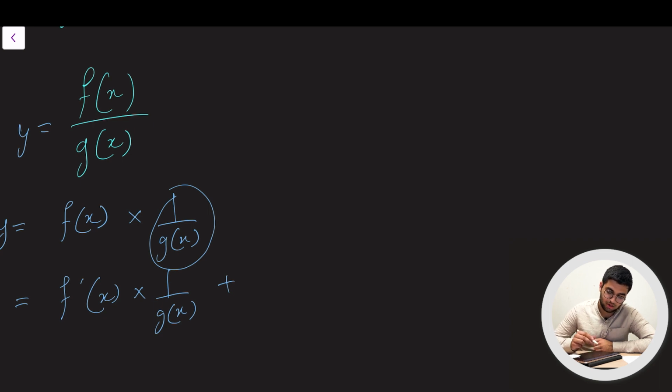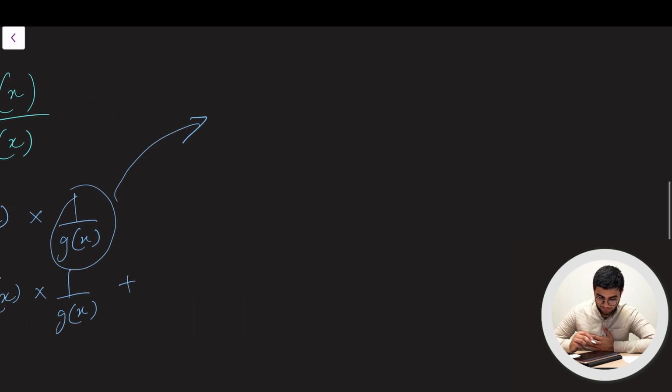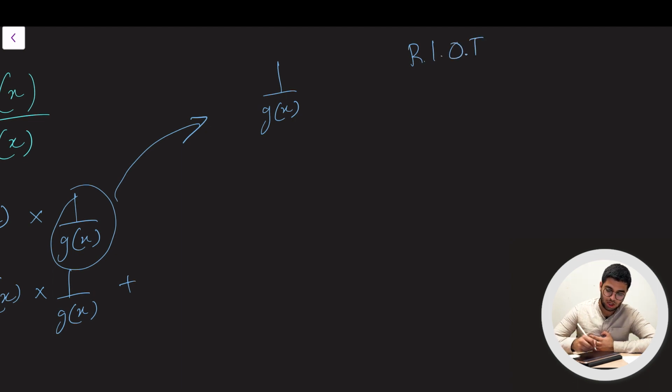Now, how do we derive this? Any ideas? The chain rule. So we have this. We can use our acronym, REIT. We replace the function a with u, and u equals g of x. Let's say this is z, z equals that.